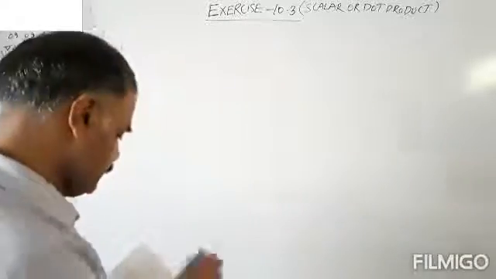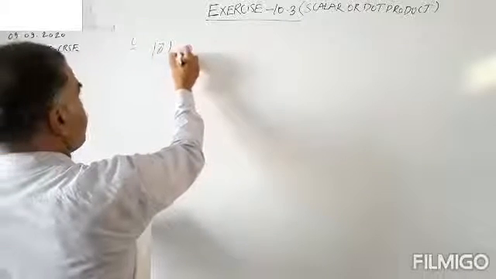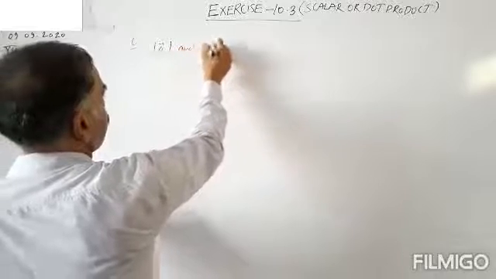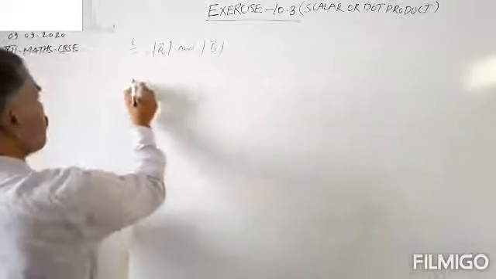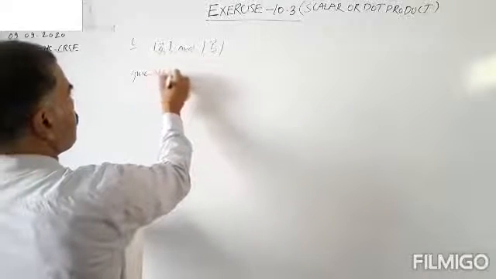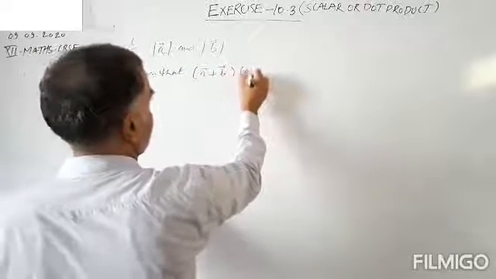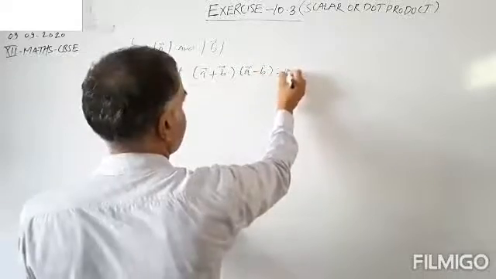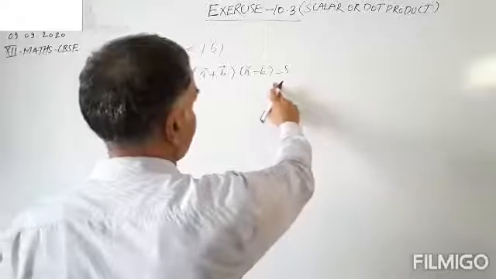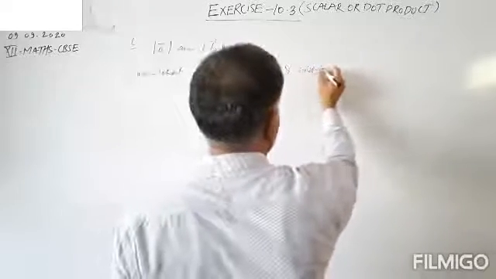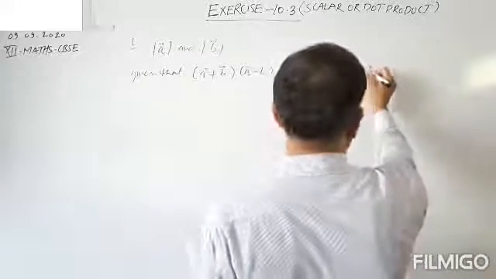Question number 6 is: find magnitude of A vector and magnitude of B vector, given that A vector plus B vector dot A vector minus B vector equals 8, and also magnitude of A vector equals 8 times magnitude of B vector.